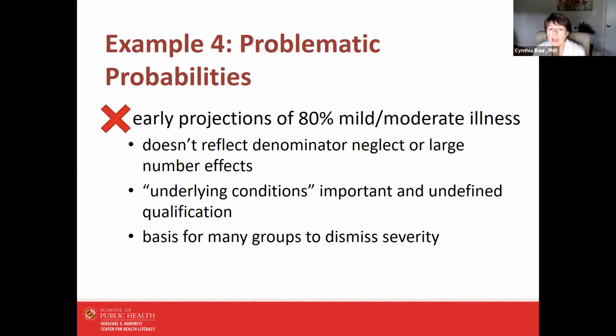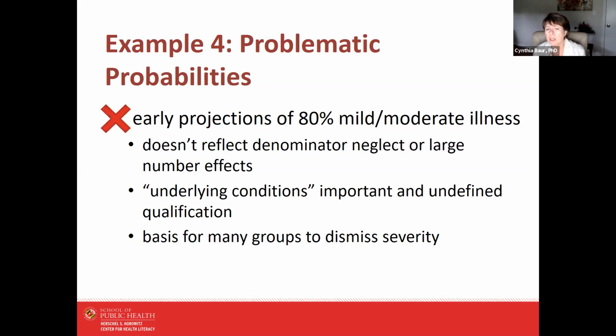The phrase underlying conditions has been a feature of the coronavirus and COVID information from the beginning. We were told that people with underlying conditions were potentially more at risk of severe illness, again undefined in terms of what severe might mean. I had people emailing me asking, what's an underlying condition?